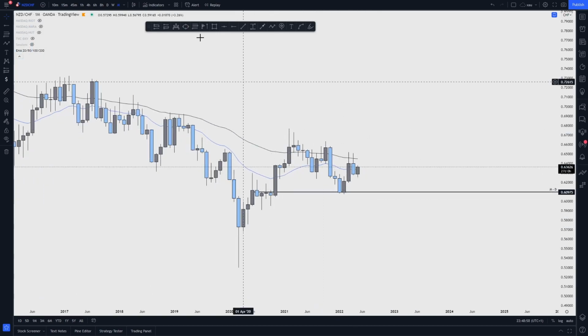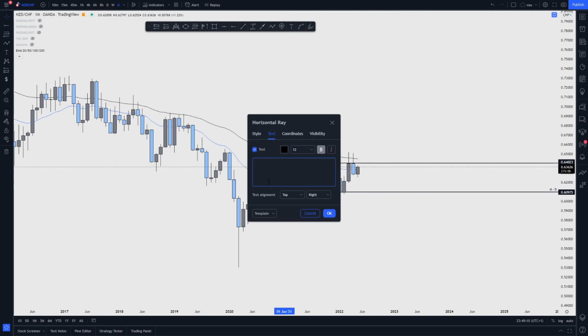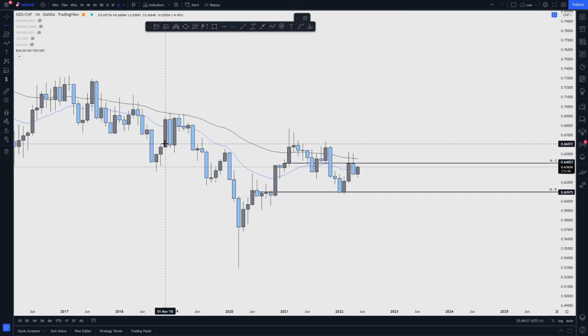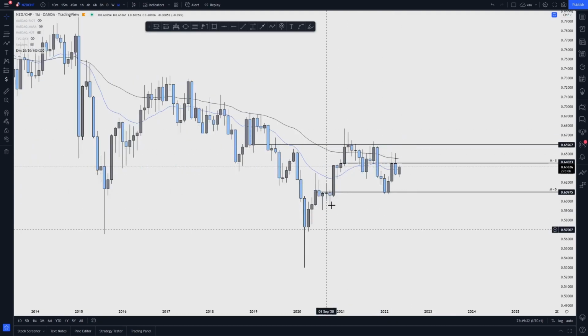Now demand is really support, and you can figure out which orders would be accumulating around that level. The answer is buy orders, so there are going to be buy orders around the demand, and then there will be an abundance of sell orders at the supply. So that's how you've got to think of it. There are going to be people buying here and people selling here, and that's just typically the way of the banks and how they like to work.